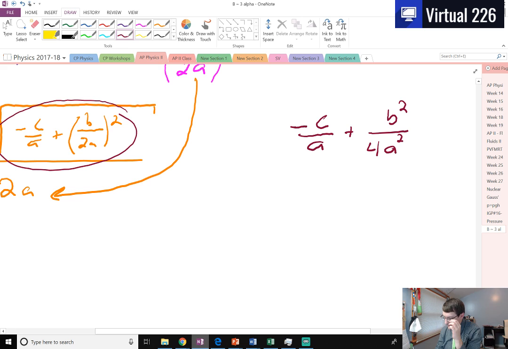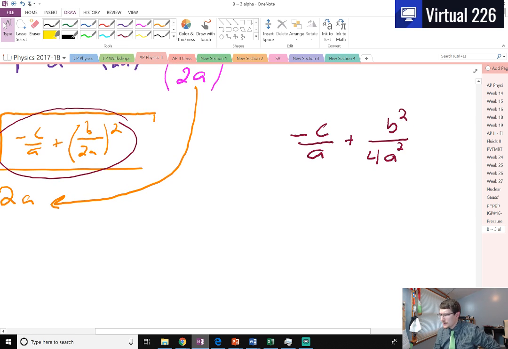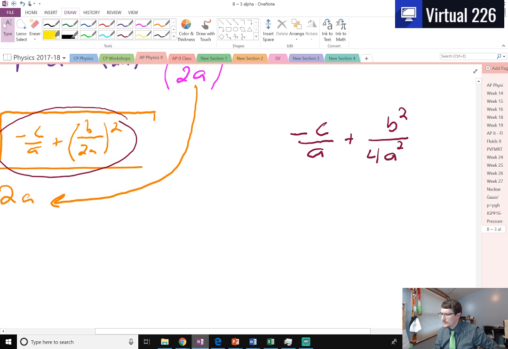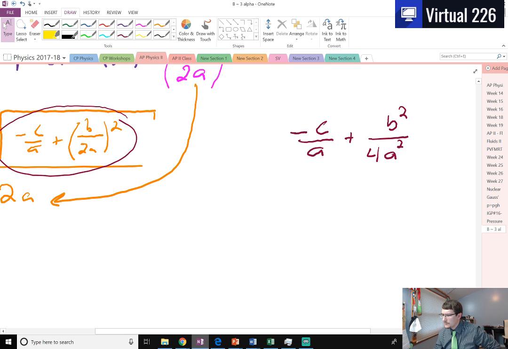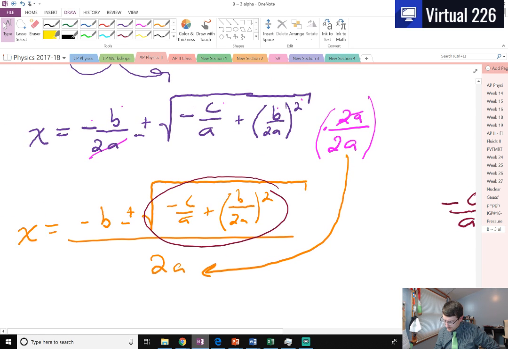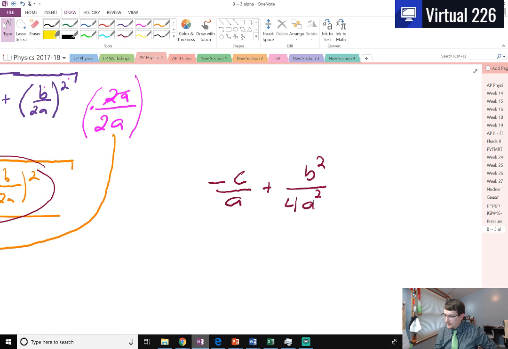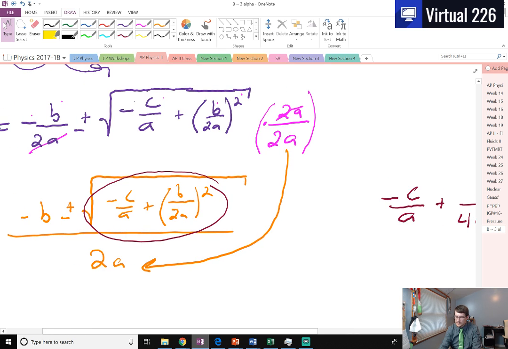Well, that 4a squared there, we can start playing around with that a little bit. How do I want to do that? If I multiply that, you know what?